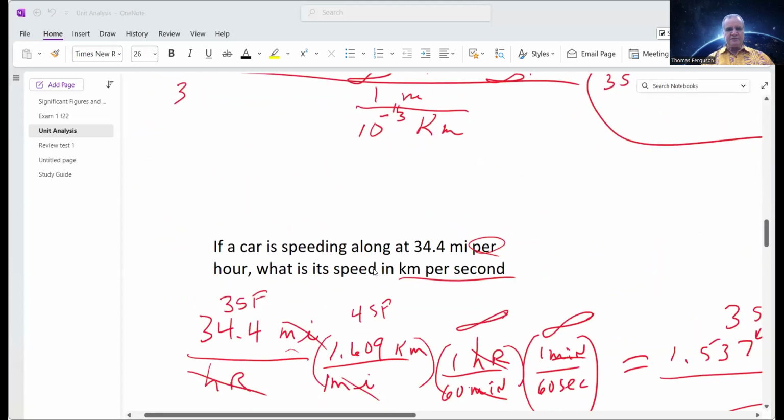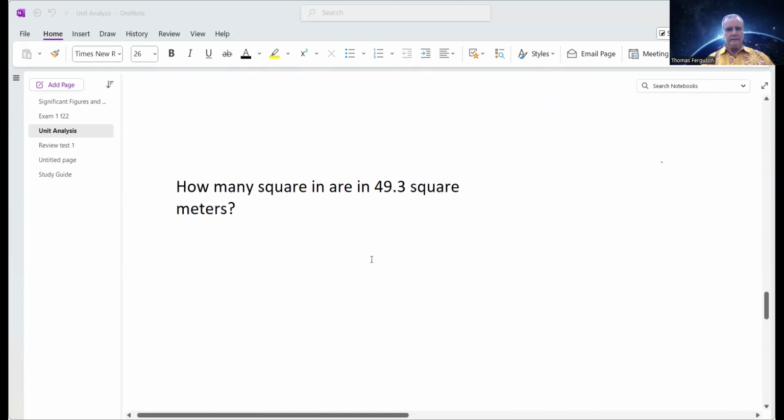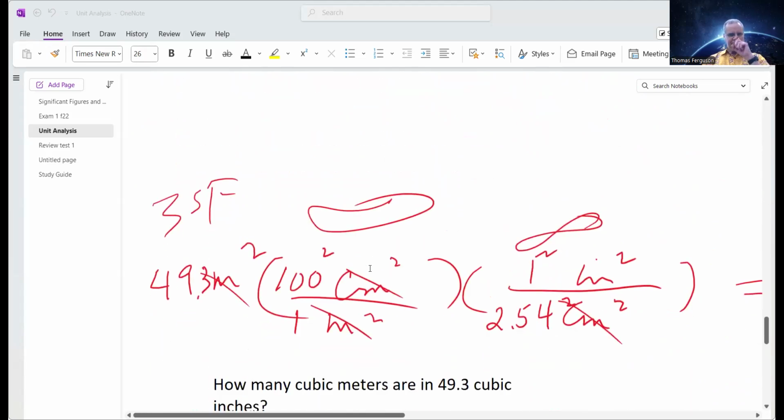You know, yesterday we talked about the concept of square meters and square inches and all that stuff, and how to create a conversion factor for that. So let's do one with cubic.